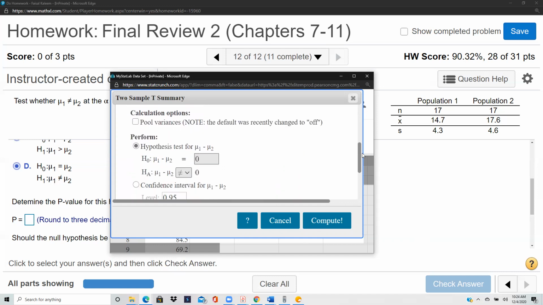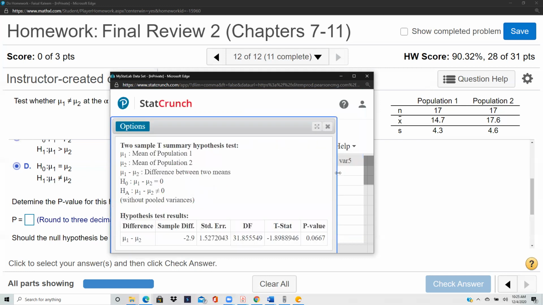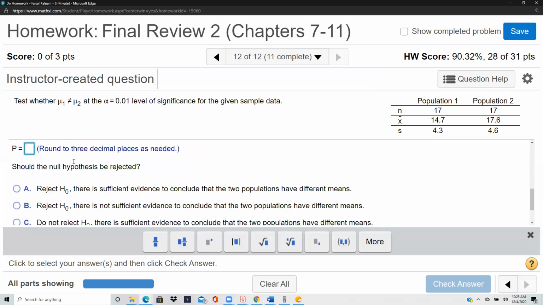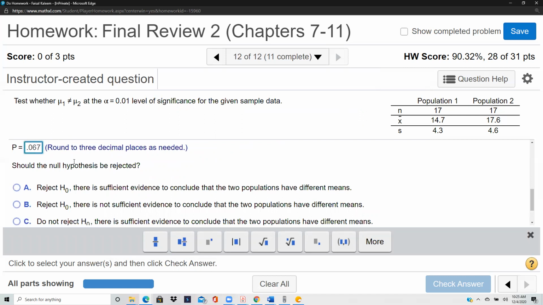And what do we do with the hypothesis test? We actually don't have to do anything because the sign is already correct. 0.0667. So 0.067. And the decision.